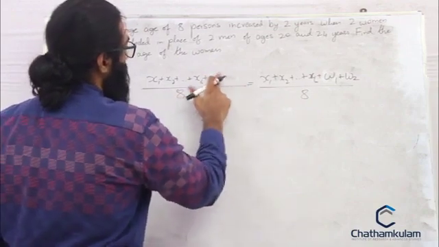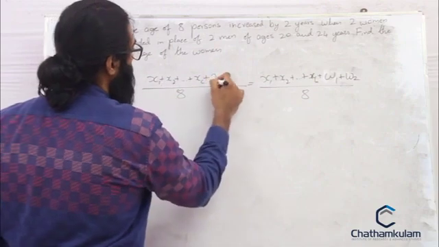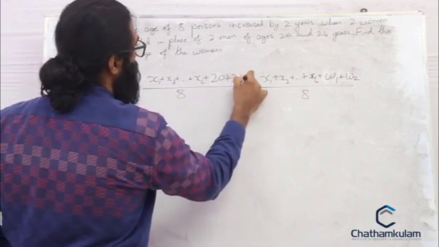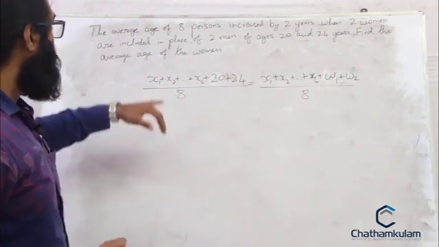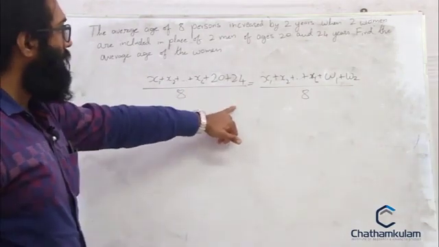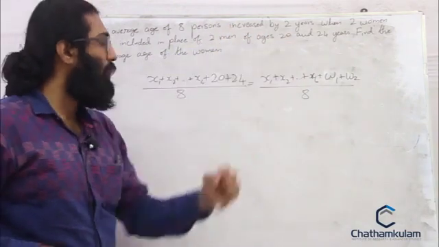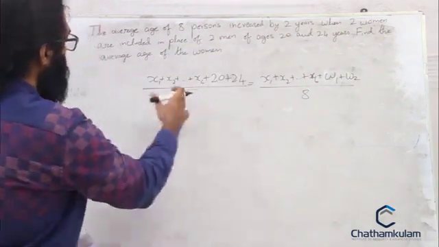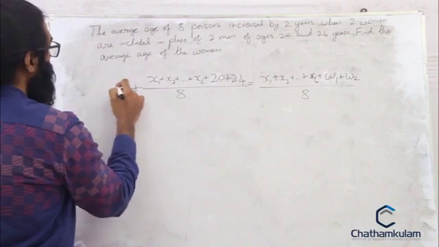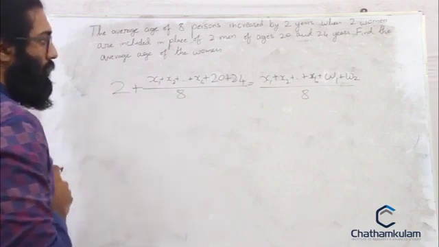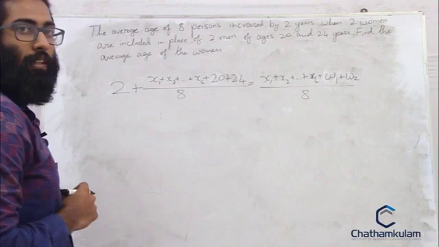So here we change this as 20 plus 24. It's also given that when this is done, the average age of 8 persons increased by 2 years. So here there is an increase of 2 years, right? So this is the formula here.